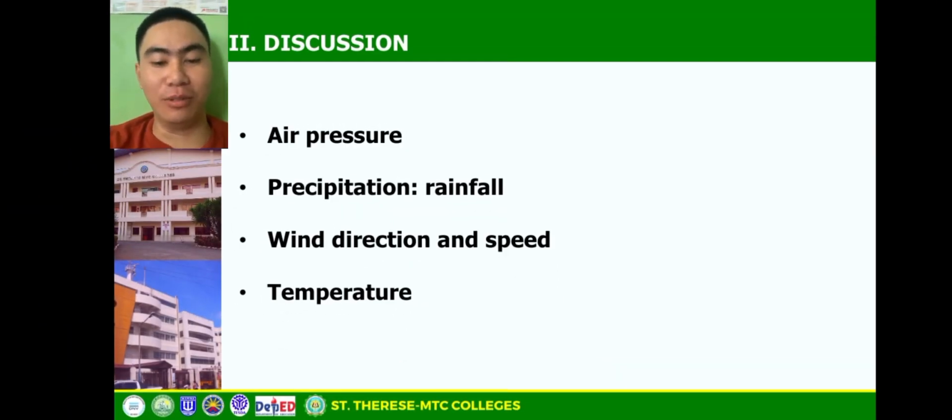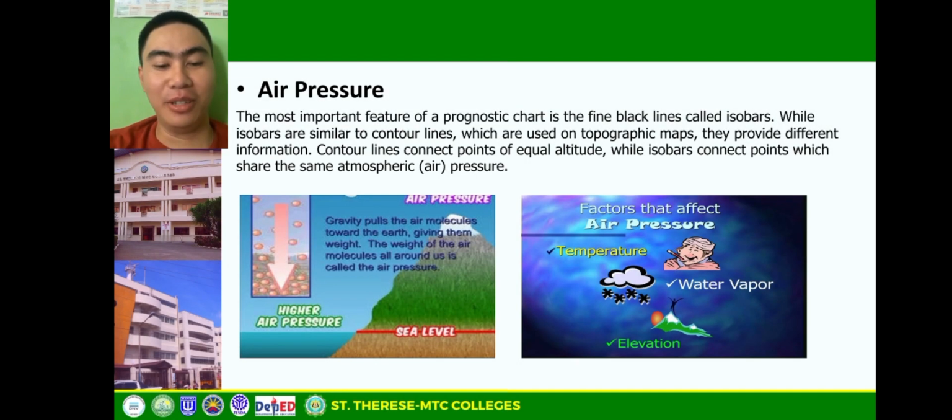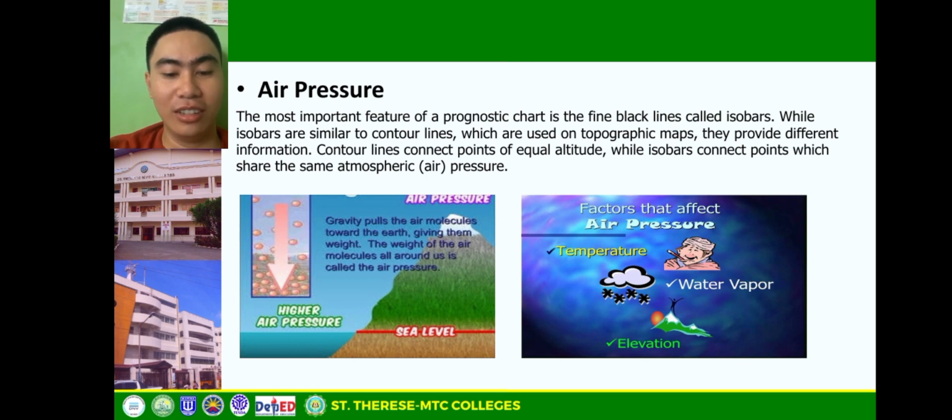Role of prognostic chart in tropical cyclone forecast. Air pressure. The most important feature of a prognostic chart is the fine black lines called isobars. While isobars are similar to contour lines, which are used on a topographic map, they provide different information.